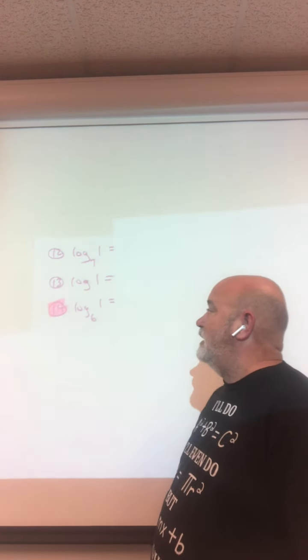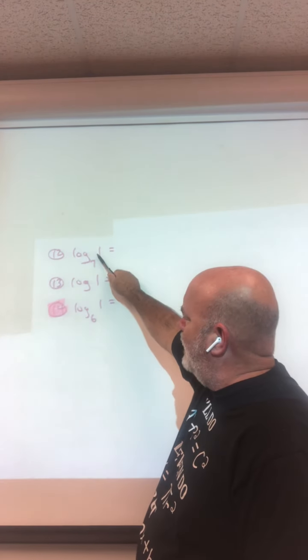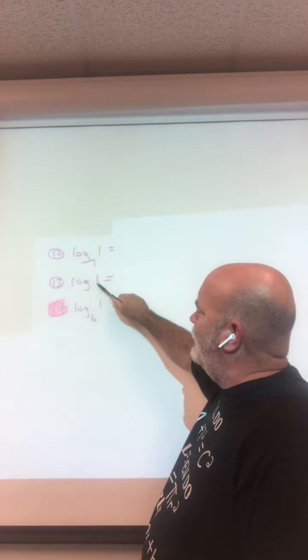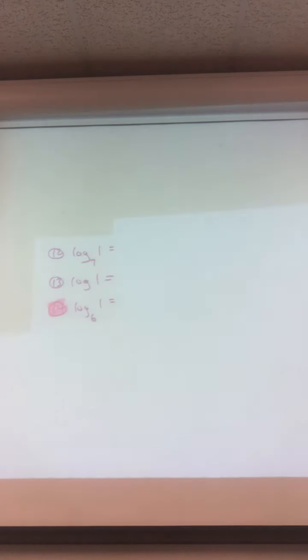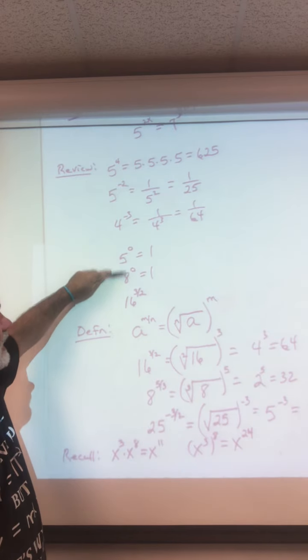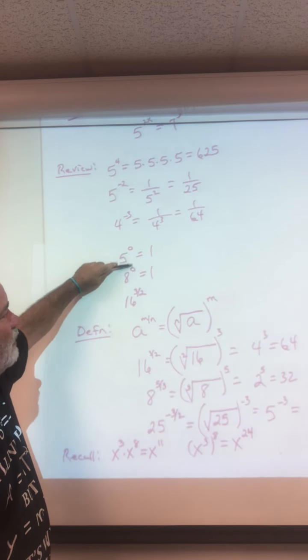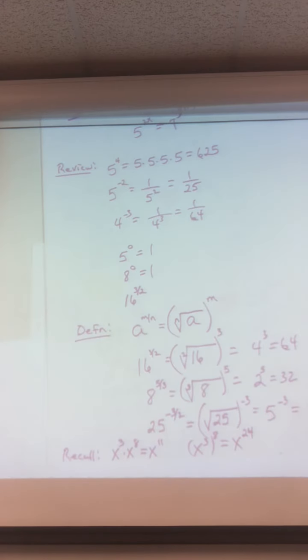All right, so let's look at these. So let's see. 7 to what power is 1? 10 to what power is 1? 6 to what power is 1? If you'll remember in our first video, when we were reviewing exponents, we did these 2 problems right here. And we said anything raised to the 0 power is equal to what? 1. Anything to the 0 exponent.